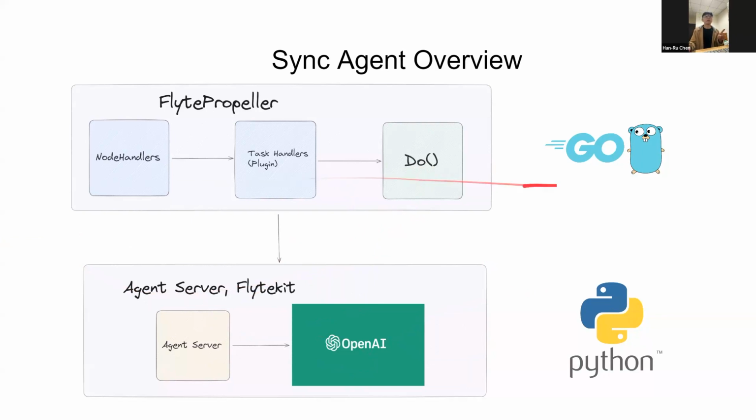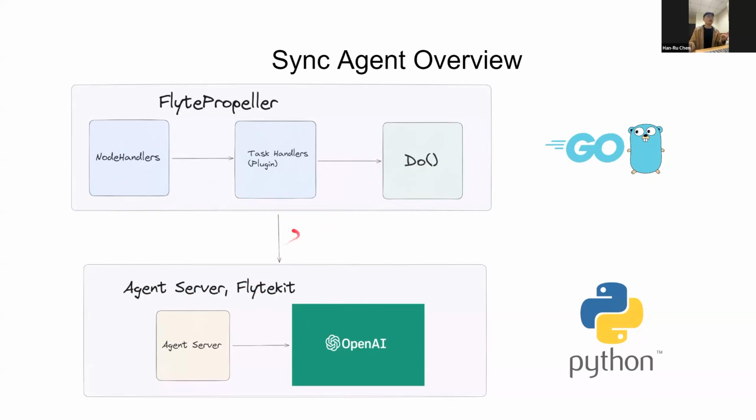The first is that Flyte Propeller is all written in Golang, which is not easy for data scientists and machine learning engineers to develop plugins for, because you need to understand how the Flyte Propeller architecture works.